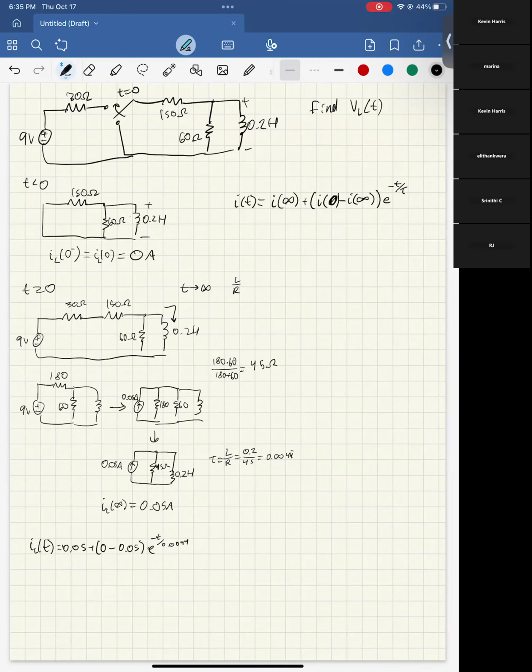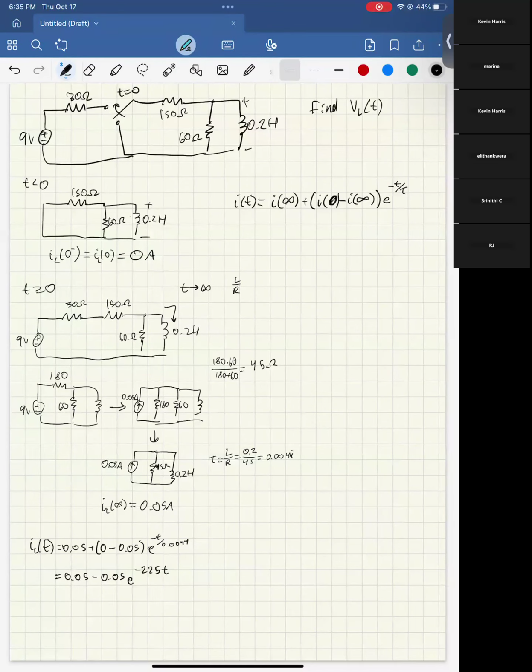And from there, you can simplify this a little bit, and you get 0.05 minus 0.05 e to the negative 225 t.